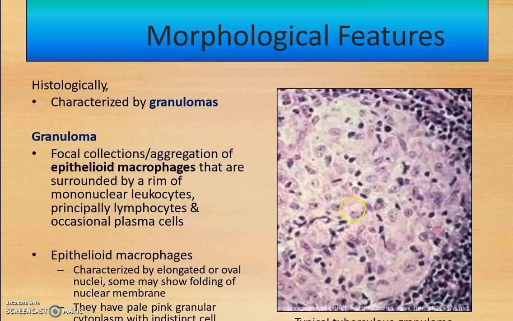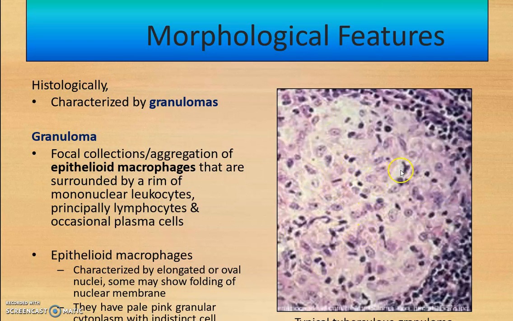They can have elongated or oval-shaped nuclei, and some may have folding of the nuclear membrane. If it's like this, then it looks like a normal macrophage, right? But this one looks more like epithelial. So when you want to know how epithelial-like cells look, you need to know how epithelial cells actually look.